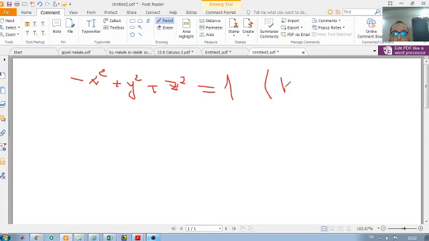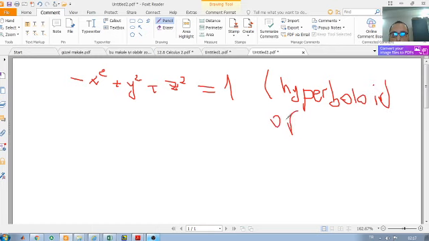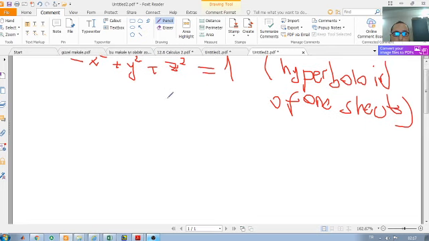So this is the hyperboloid of one sheet. This is another form of the hyperboloid of one sheet, and we have minus for the coefficient of x squared. Therefore, the symmetry axis will be the x-axis for the hyperboloid of one sheet.